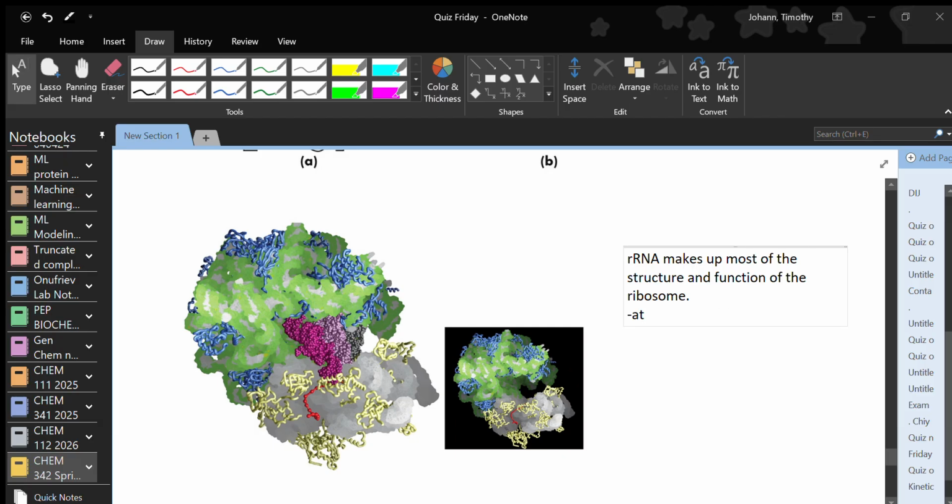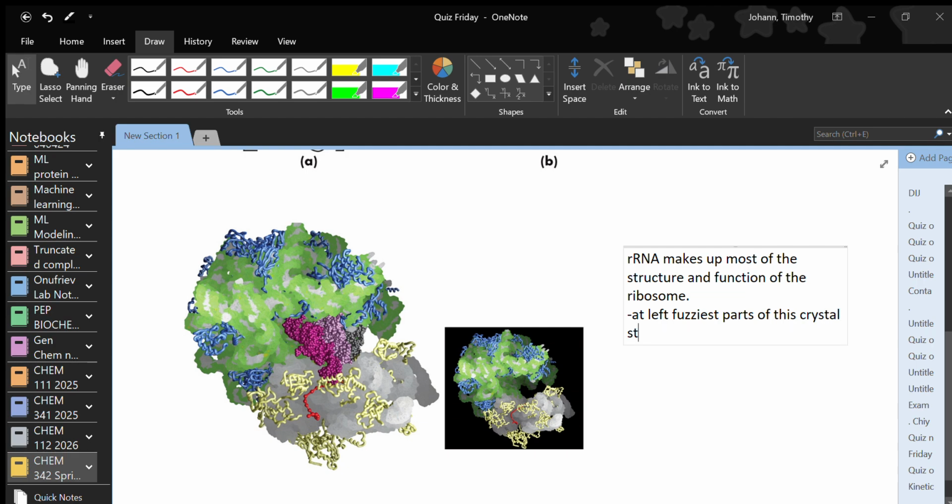At left, the fuzziest parts, we'll say, parts of this crystal structure. It isn't that they don't know what's going on. That is going to be our ribosomal RNA. Okay. The ball version, the space filling there, is actually RNA, is the mRNA.